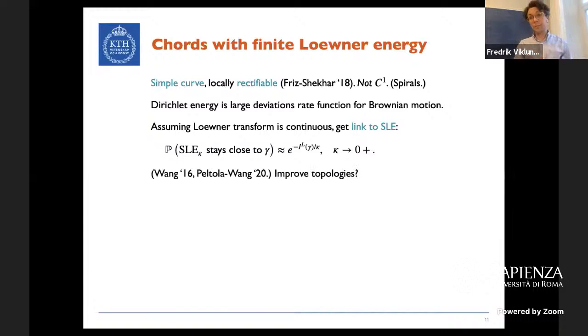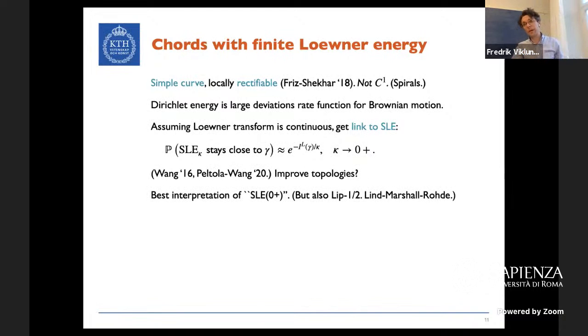And this was made precise also in the original paper of Yilin, and recently improved. The question is somehow which topology you put on the curve and how exactly you understand this stays close to. So this was recently improved to Hausdorff distance, but it will be interesting to try to improve this to stronger topologies also.